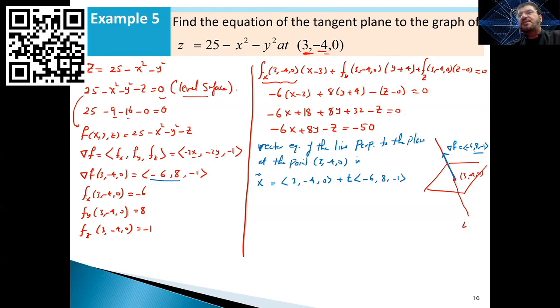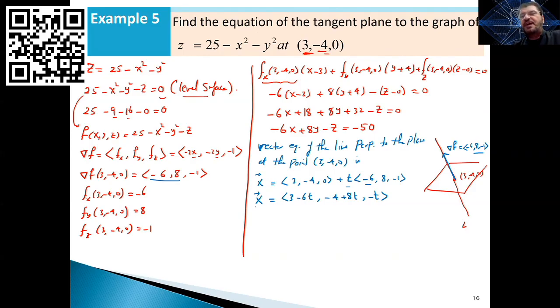Why? Because the gradient is parallel to the line, which means that x is equal to 3 minus 6t, if I multiply minus 6 times t, then comma, -4 plus 8t, and then 0 minus t. So the last one is minus t.